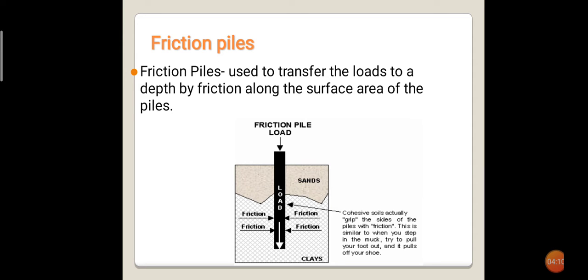Next one, friction piles, which are also used to transfer the load to a depth by friction. In end bearing piles we do not consider the friction, but here we consider the friction along the surfaces. Friction is nothing but a resisting force to resist the load.